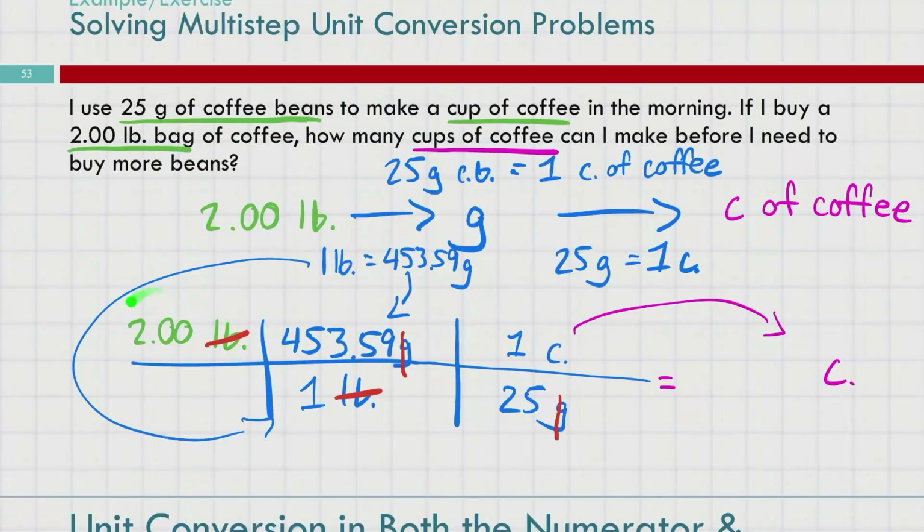So we'll do 2.00 times 453.59 divided by 25. And we get 36.2872 in the calculator.